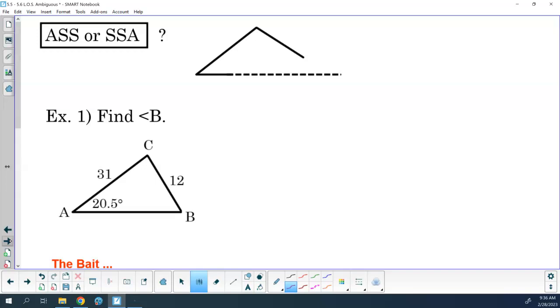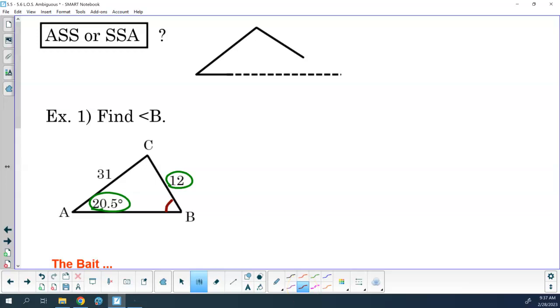So what I would like you to do right now is, using the law of sines, because we have that complete set, I want you just to find me angle B. Using the law of sines. Go for it.